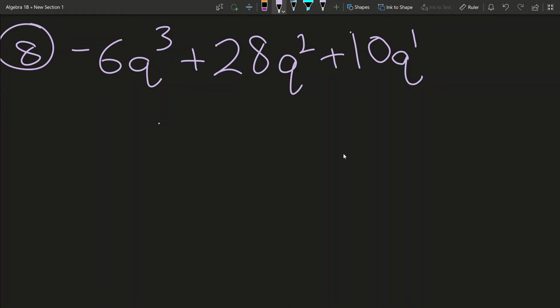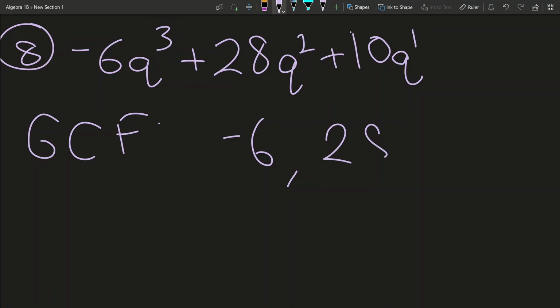So let's look at what is the GCF of negative 6, 28, and 10. What is the biggest number that we could take out of all of these?